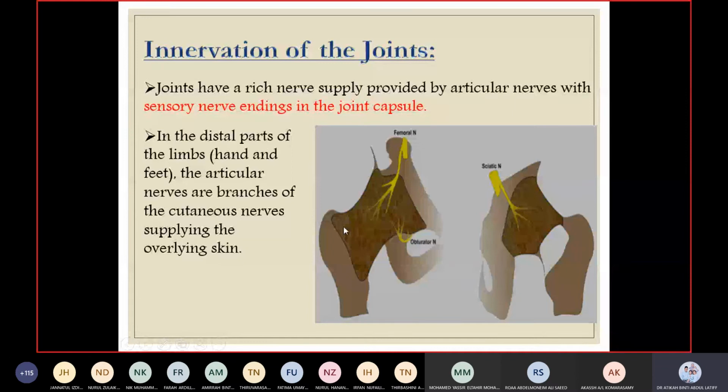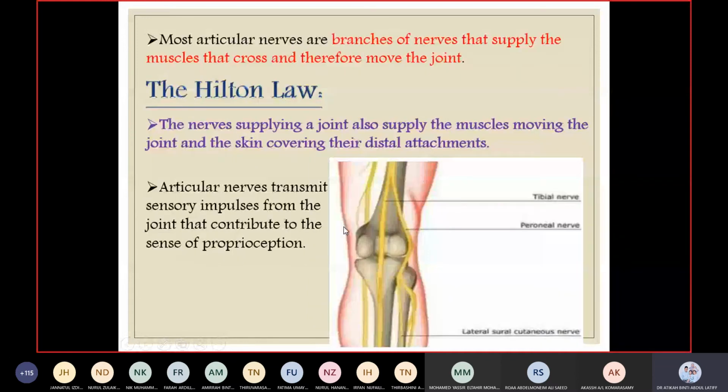This is also called Hilton's law, where the nerve supplying a joint also supplies the muscle moving the joint and the skin covering their distal attachment. This basically just means that the joint receives nerve supply from the nerve that supplies the muscle and bones next to it.